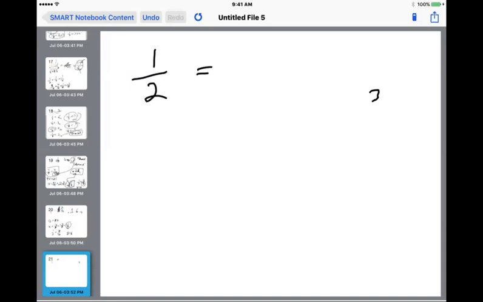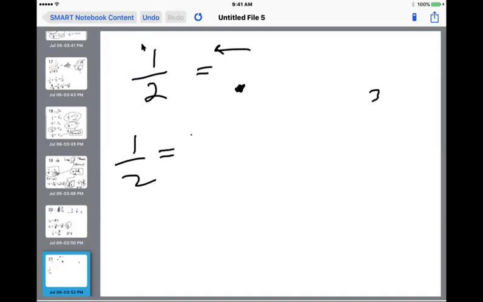Okay, everybody. So I saw a couple of different answers, and the 0.111 is the answer because we have our decimal here. 1/2 is less than 1, so there can't be anything over here.